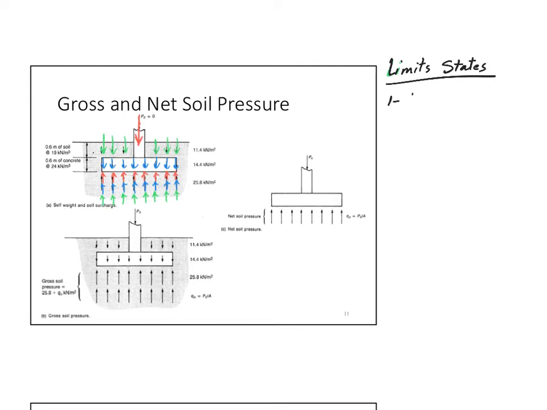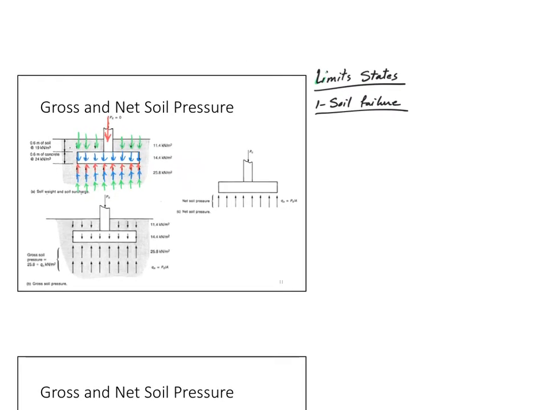So the first one is, very simply, your soil failure limit state, right? What's the soil failure limit state? Very simply saying that your stress goes higher than the bearing capacity, and you sheared off the soil. So this is shear failure in the soil. And then the way to prevent this is to have, remember, stress equals P over A, right?